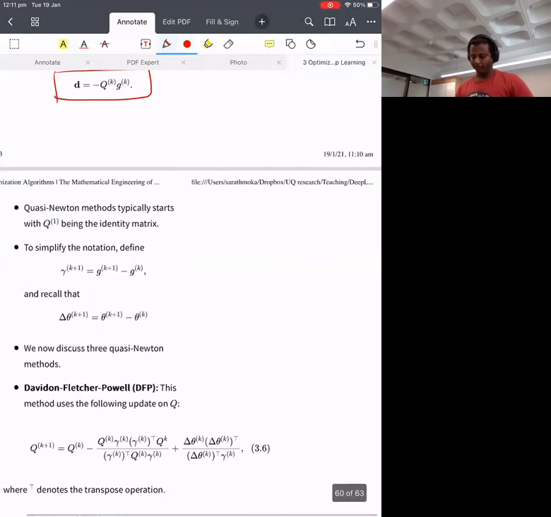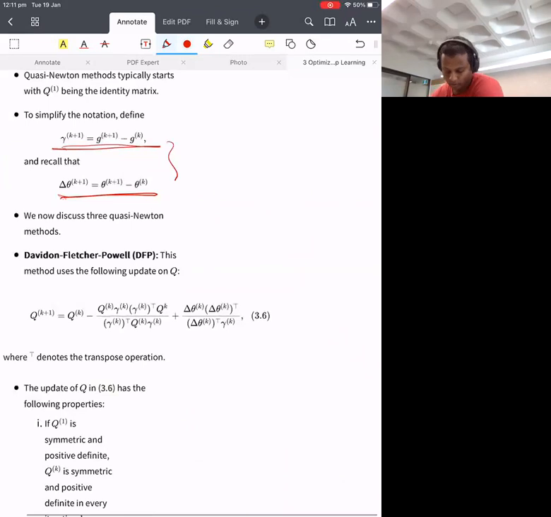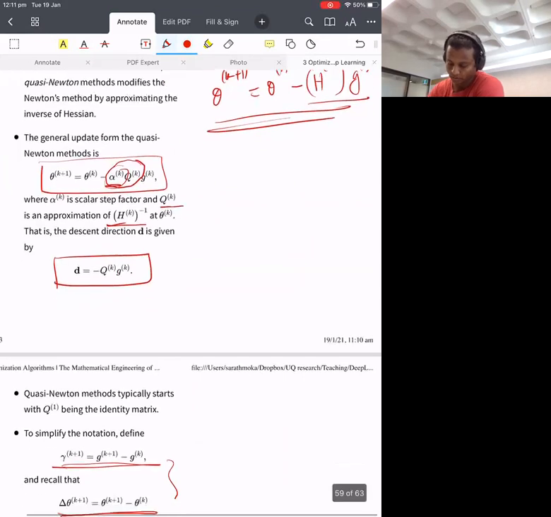So to simplify the notation, we're just taking a gradient difference to be this and the position, the location difference, to be this. Once we have that, there are three ways of approximating this H inverse.